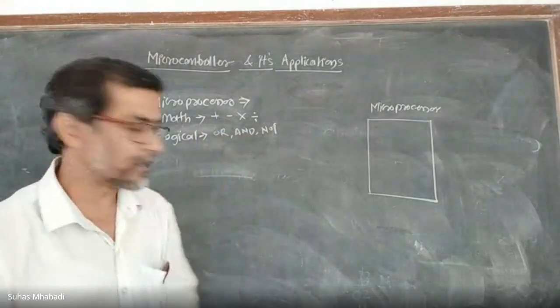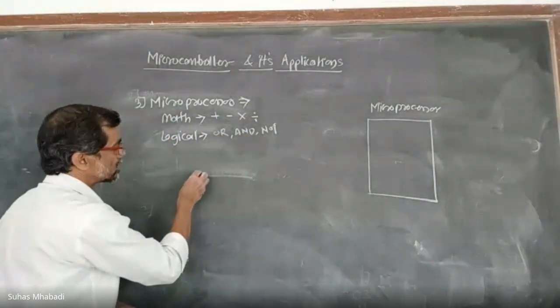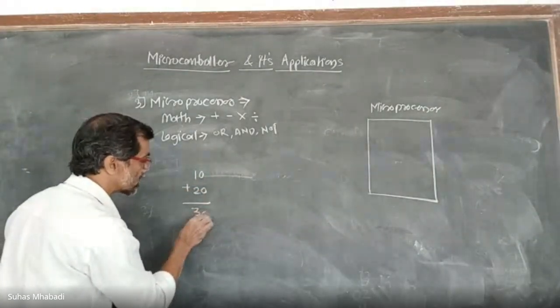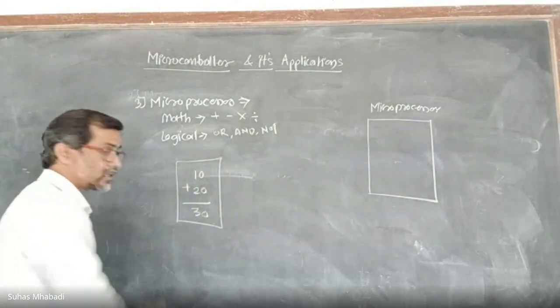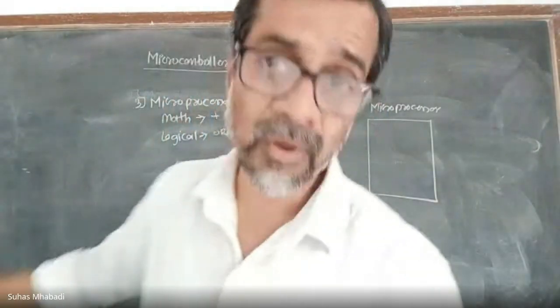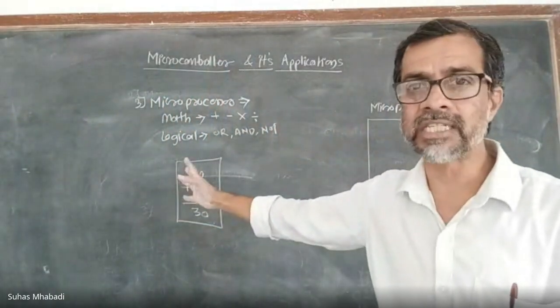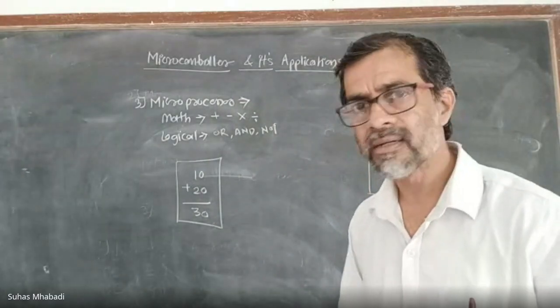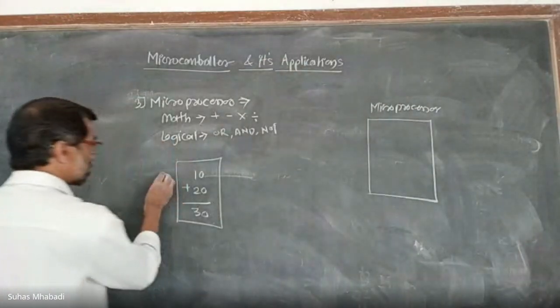Let me give you an example. The operation is 10 plus 20 is equal to 30. This I want to write, or this I want to get. My problem is very simple. 10 plus 20 is equal to 30. What is 10? Data.